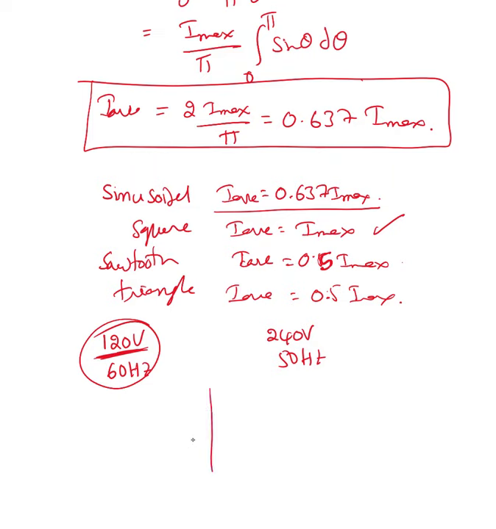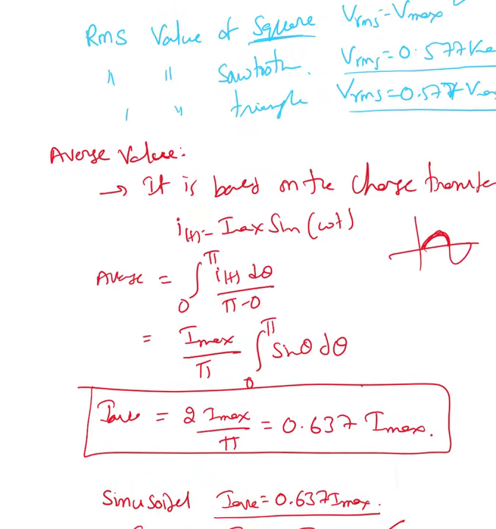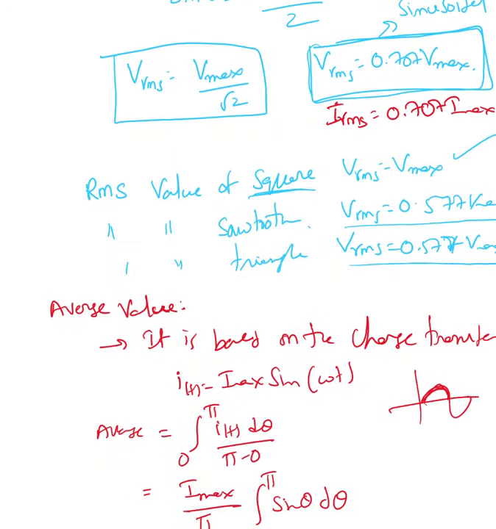And we know the relation between RMS and maximum. If you look at the sinusoidal waveform coming out of those power outlets in our wall, this is the maximum value. V max equal to V RMS times square root 2, or V RMS equal to V maximum over square root 2.